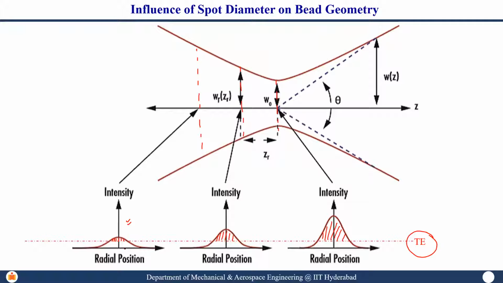So if you are varying the spot diameter, you should be extremely careful, otherwise you will fall into this zone. Now you can say, okay, I will pump a higher amount of energy so that this goes up slightly. Yes, you can increase your laser power, but it has its own disadvantages.